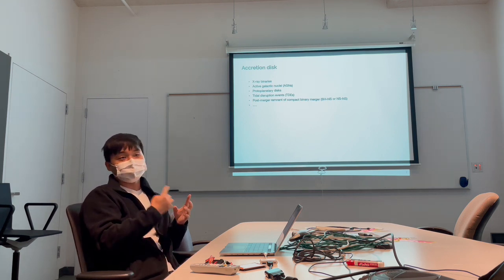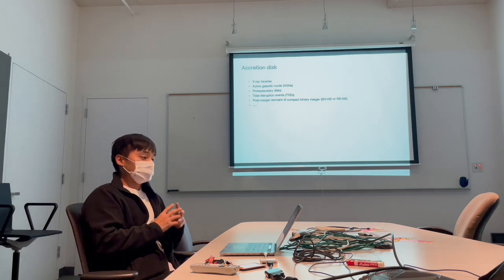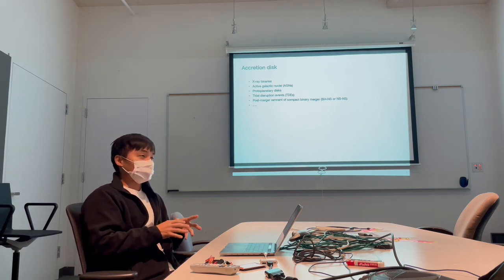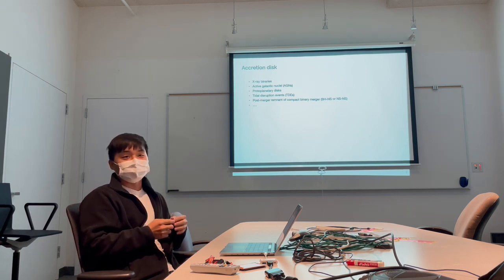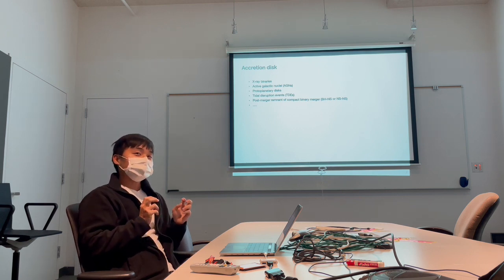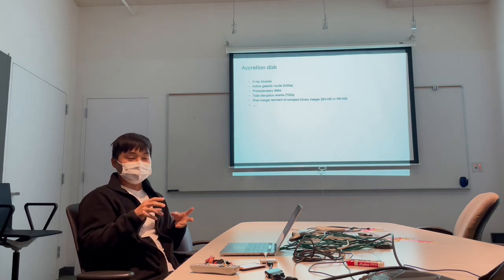It turns into a disk orbiting that central black hole. We also expect some sort of accretion disk to form after the merger of a black hole and neutron star, or a neutron star merger. And it's also expected that there can be a neutron star accretion disk system formed after core collapse supernova.